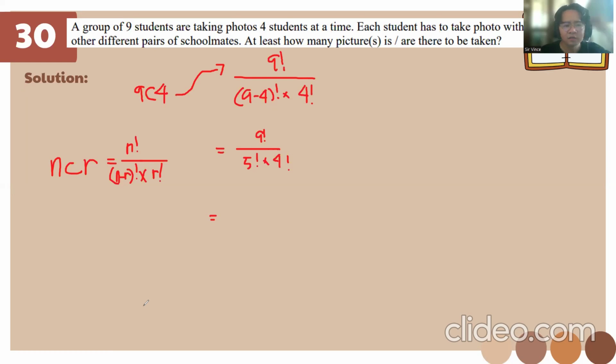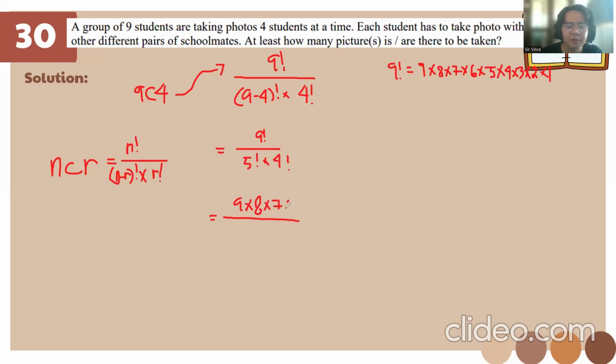The form factorial is like this, class. 9 factorial means 9 times 8 times 7 times 6 times 5 times 4 times 3 times 2 times 1. So that means factorial, okay? So now 9 factorial times 8.